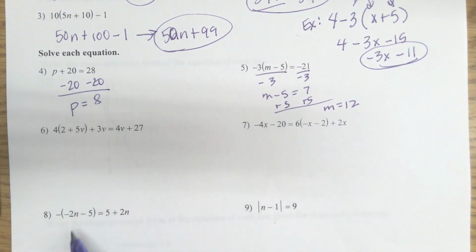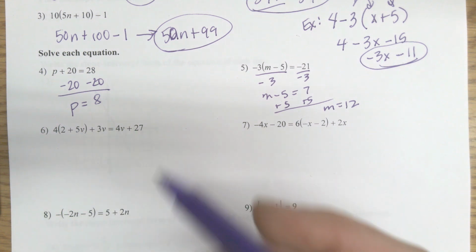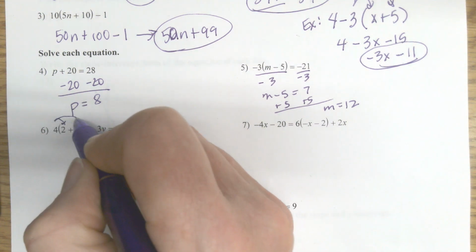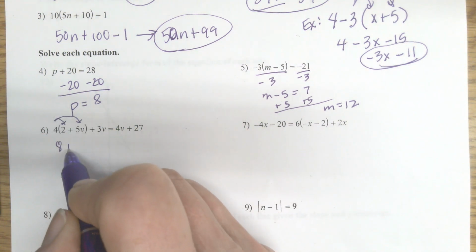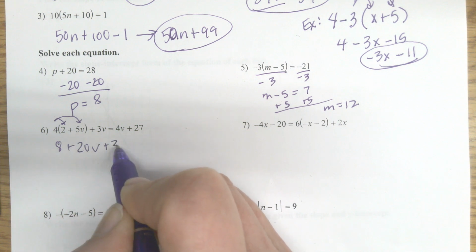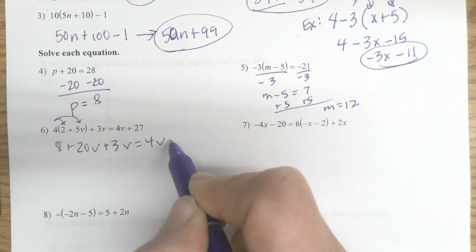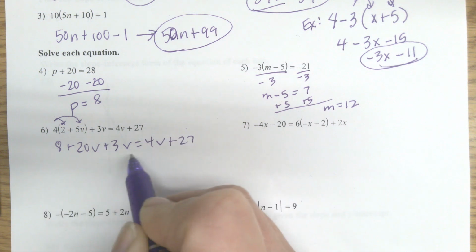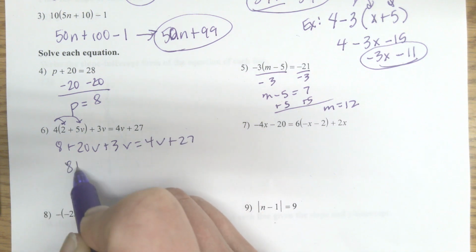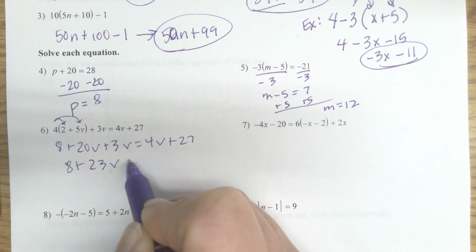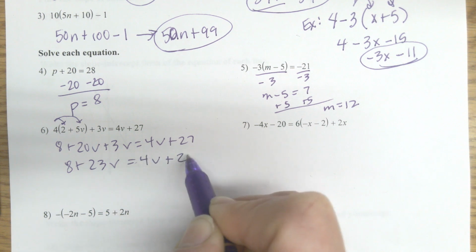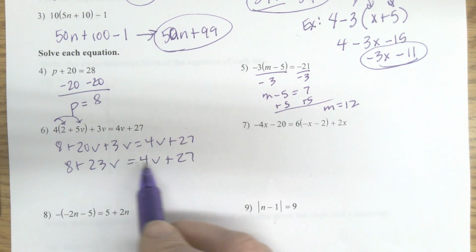When it gets to these more complicated problems, it's just a matter of simplifying. So distributing 8 plus 20v plus 3v equals 4v plus 27, and then continuing to simplify 8 plus 23v equals 4v plus 27. Remove one of the variable parts.